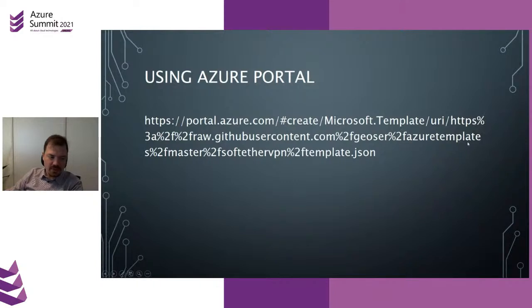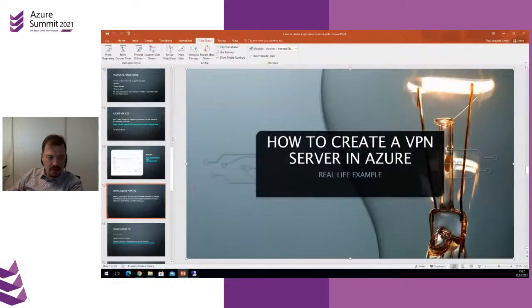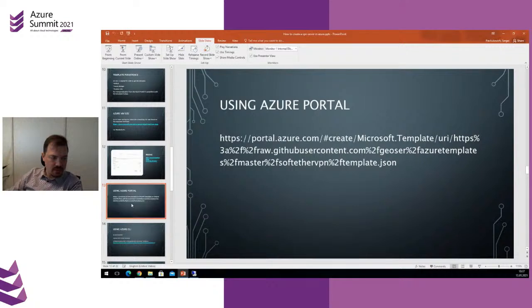You see HTTPS percent and so on, it's just the URL encoded part. So this is the common part, and from this is my template with URL encode, and that's it. Okay, so I can just use this one.